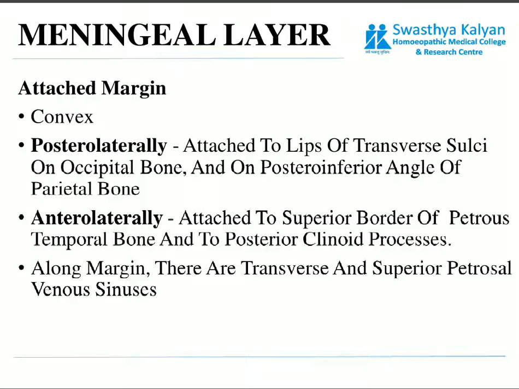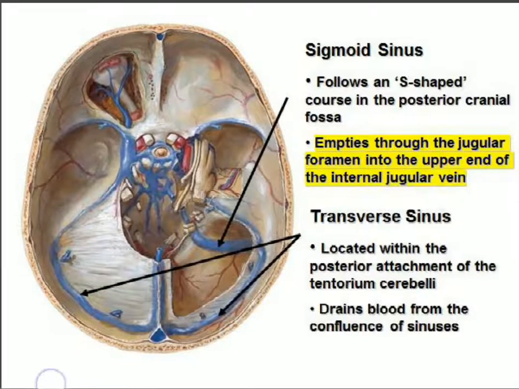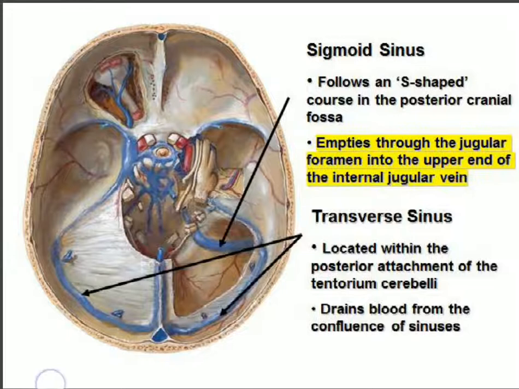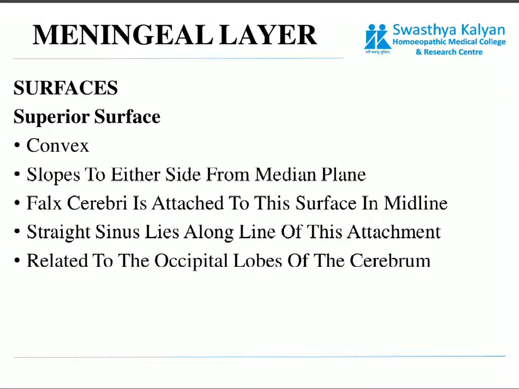And along the margins, there are the transverse and superior petrosal venous sinuses. This is the transverse sinus along the posterolateral part, and along the anterolateral part there is a superior petrosal sinus. The surfaces are two again.